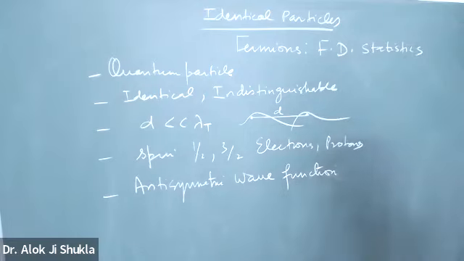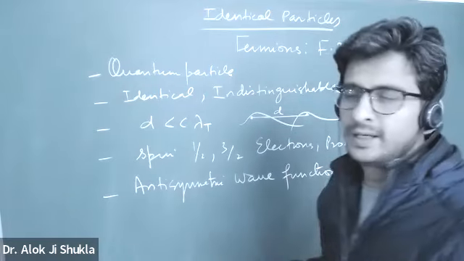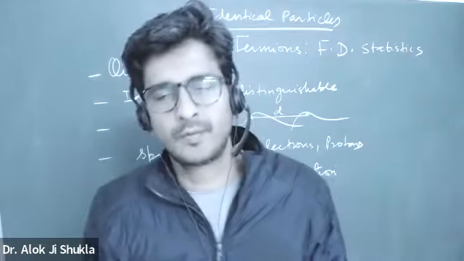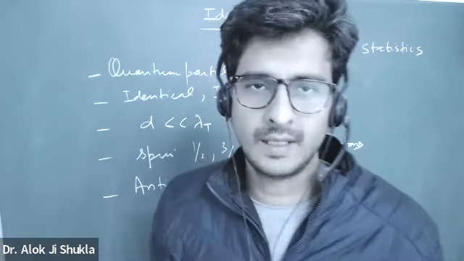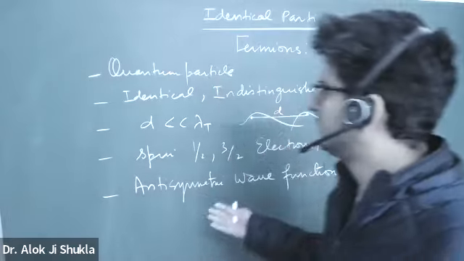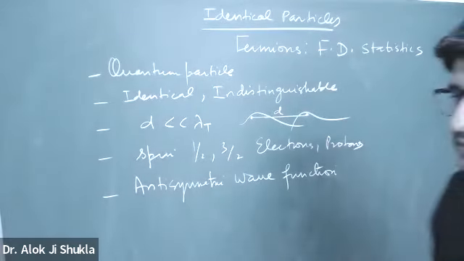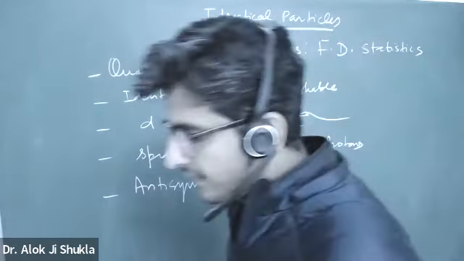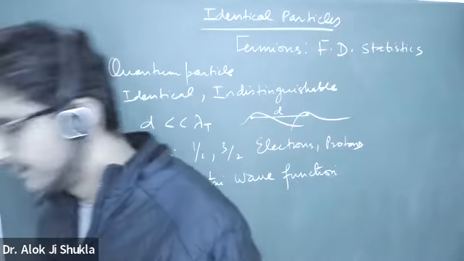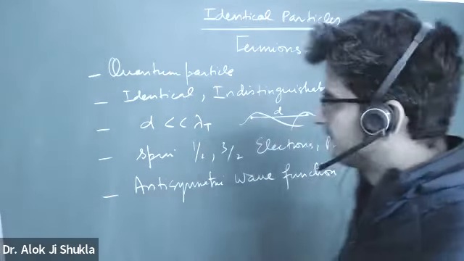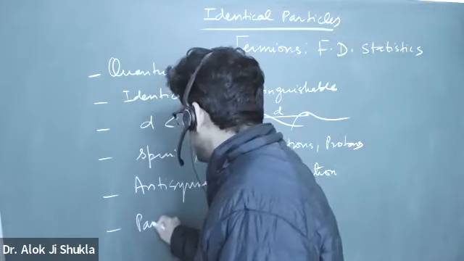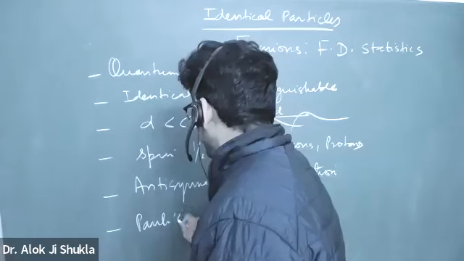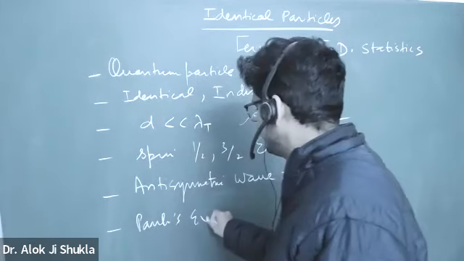So this you will read in quantum mechanics, that the overlap of two wave functions can be symmetric and can be antisymmetric. So the antisymmetric ones will be used to represent the fermions, and the symmetric wave functions are used to represent the bosons. Okay. Then they will follow Pauli's exclusion principle.